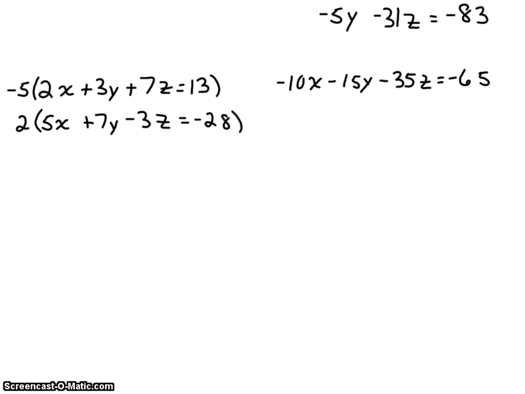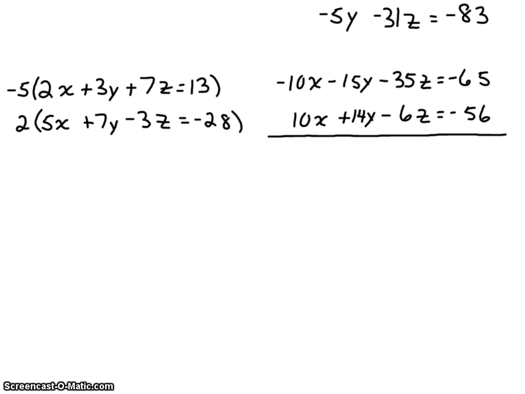And as a result of the second equation, 10x plus 14y minus 6z equals -56. I will add these two equations together. The x's again cancel. Adding the y column, -1y. Adding the z column, -41z equals, adding the constants, -121.